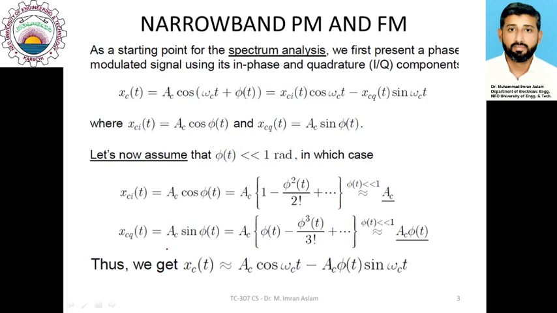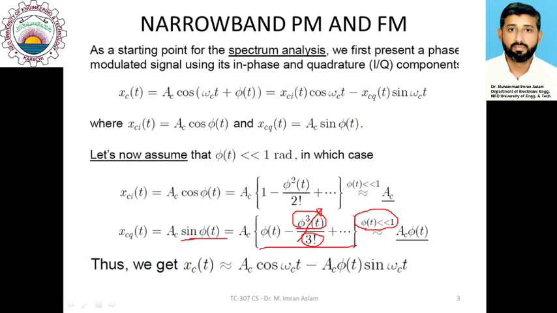Similarly, the quadrature component can also be approximated. You can see that sin phi t has this expansion, but because phi t is much smaller than 1, the higher order terms like phi cube t will be even smaller, and once you divide it by 3 factorial you will get an even smaller term. So phi cube t by 3 factorial would be a much smaller term as compared to phi t, and similarly all other terms would be even smaller.